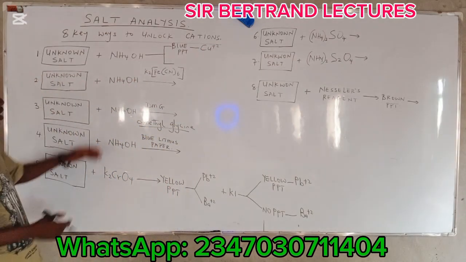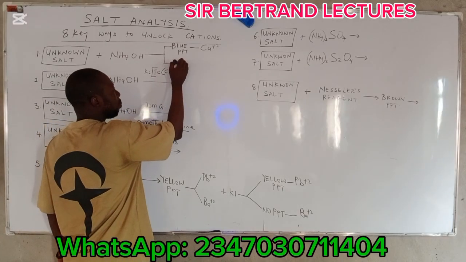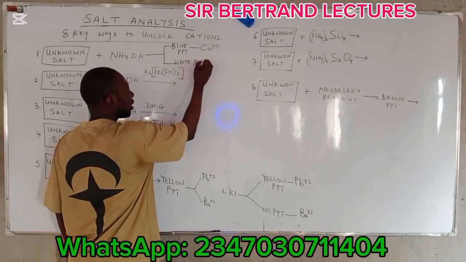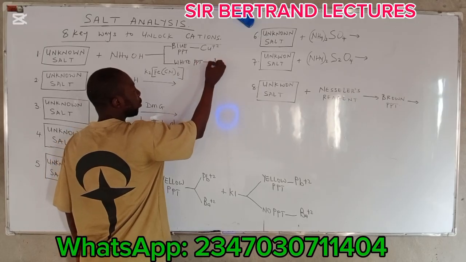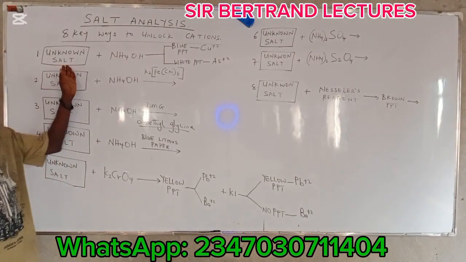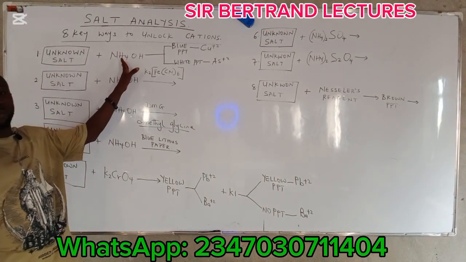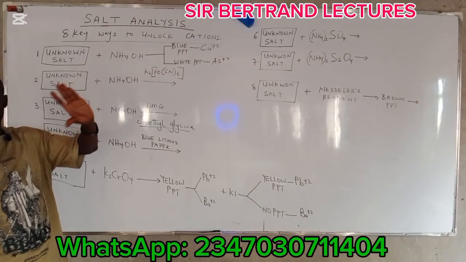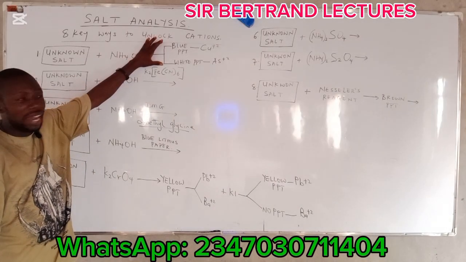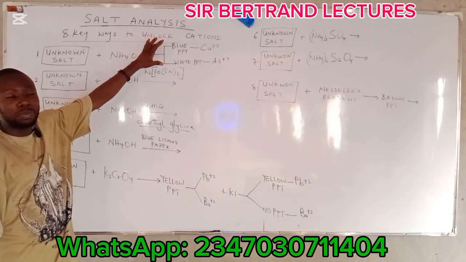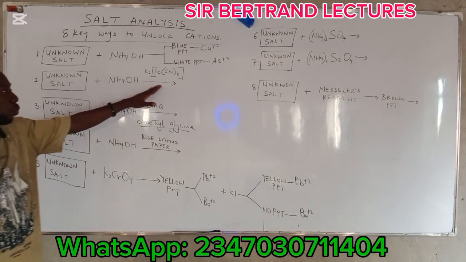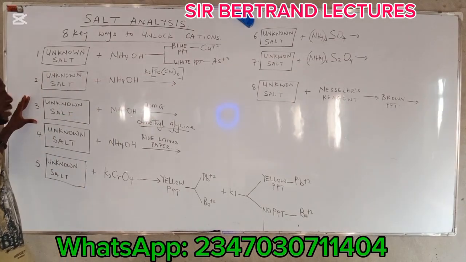Then, if it gives white precipitate, that indicates the presence of arsenic ion. All right? There are reasons why it may not give you these two precipitates. If you didn't observe any of the two precipitates, you try the second key. If it doesn't respond, you try the third one.